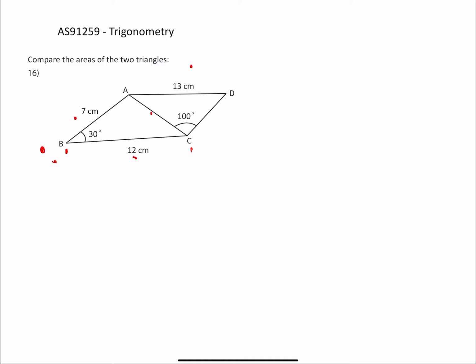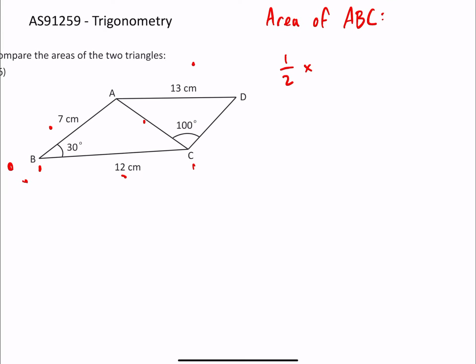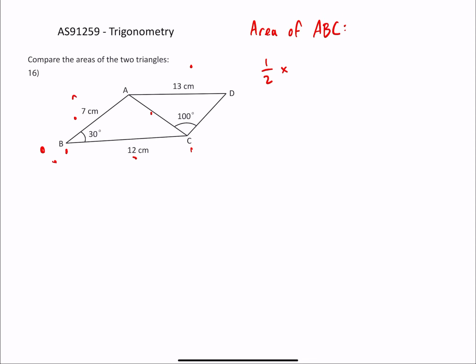First step, I'm just going to find the area of ABC by doing a half times A, B and C. So let's give some labels here. I'm going to call this A, this B, and this C. So half times 7 times 12 times sine 30.